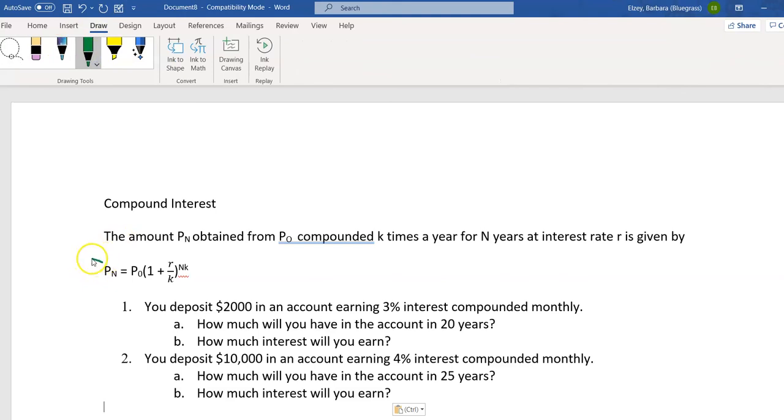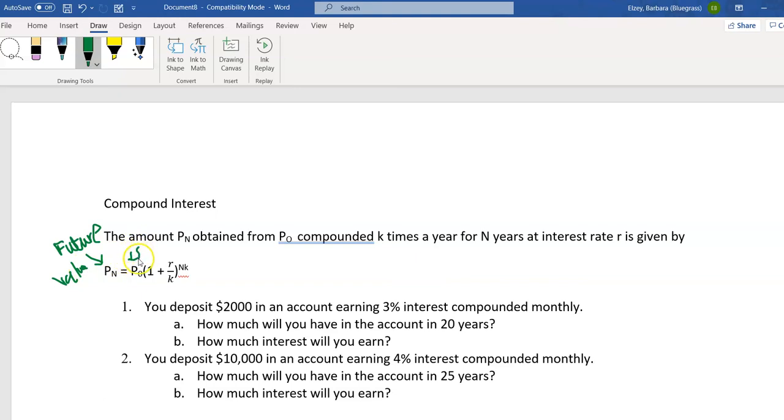What we have here, P sub n, will be our final amount, or sometimes it's called future value. Whereas what we have here, P sub 0, is what we start with.